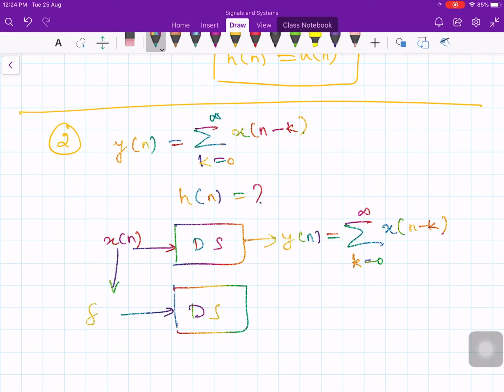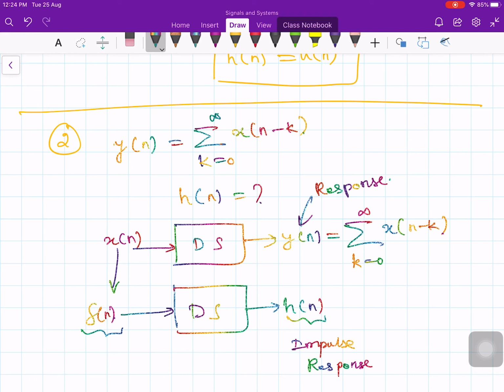Therefore, if the input is del of n, my output is h of n, the impulse response. This is the response of the system for an arbitrary input, and this one is the impulse response. And this impulse response, how will you write it? The same summation, because you are taking the same system, k equal to 0 to infinity. Instead of x, you put a delta here, that's all. n minus k.